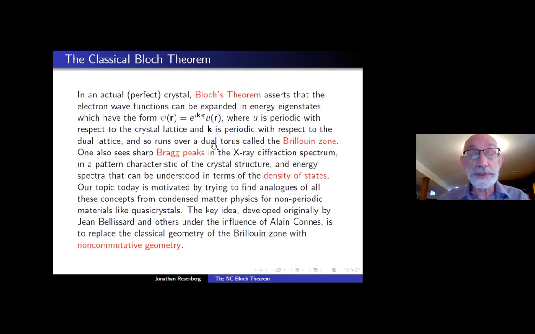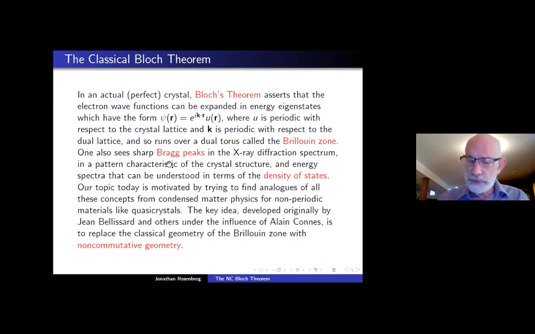This is what's usually called the quasi-momentum. So you get an expansion in terms of things like this, and if your original crystal is in the form of a regular lattice, then K runs over the dual lattice in the dual space. And the dual space divided out by that dual lattice is what's called the Brillouin zone.